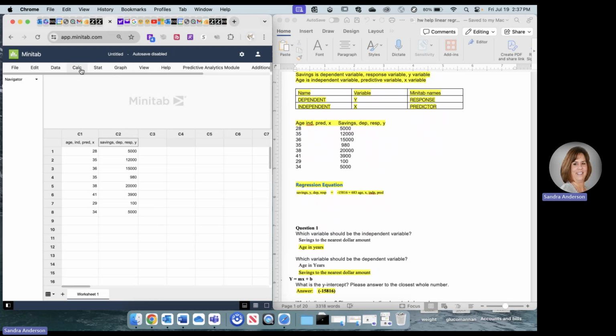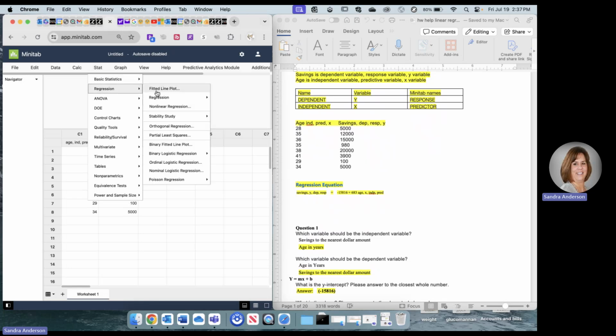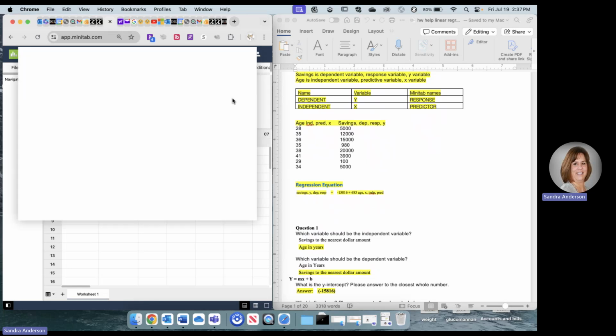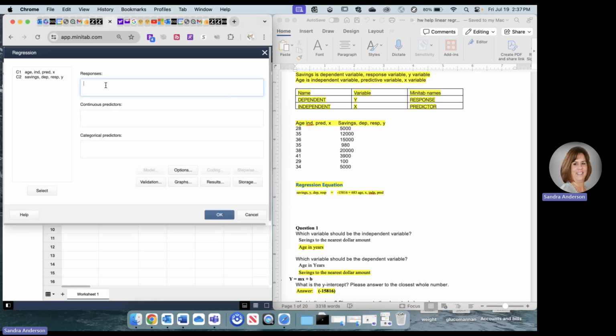Let's go over and use Minitab to perform the linear regression model. So we do Stat, Regression, Regression, Fit Regression Model. Now, our response variable, now that I've listed them this way, I just have to pick the one that says response. And for our predictor variable, I choose the one that says predictor.